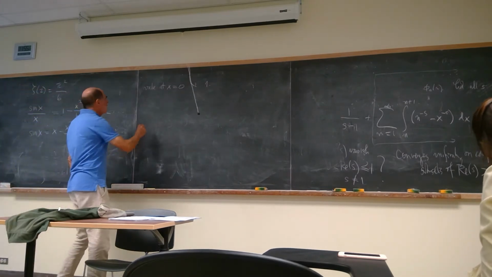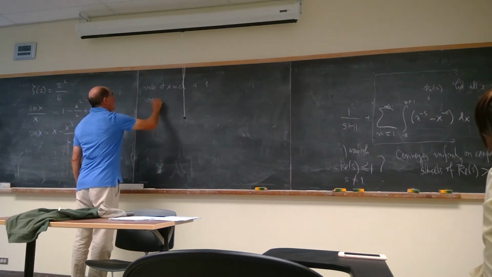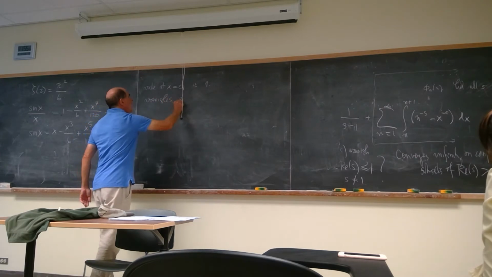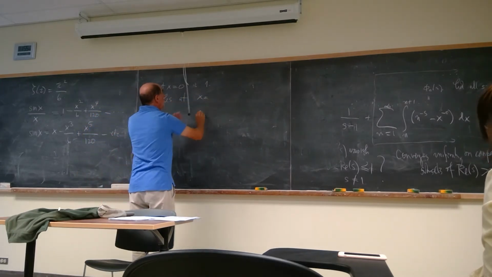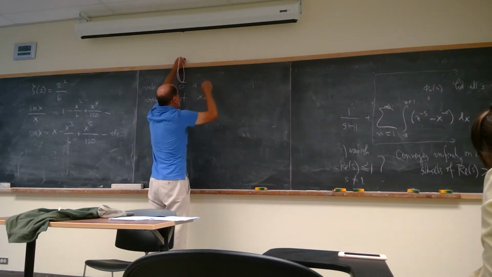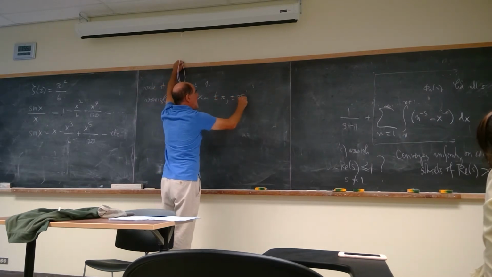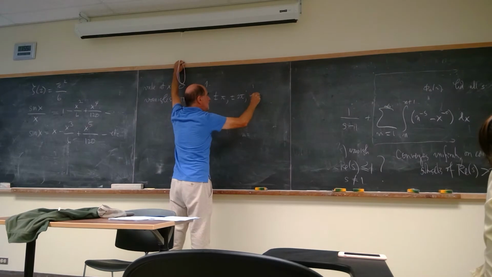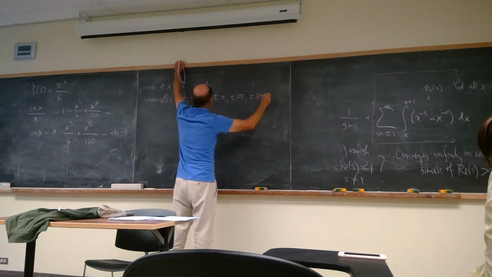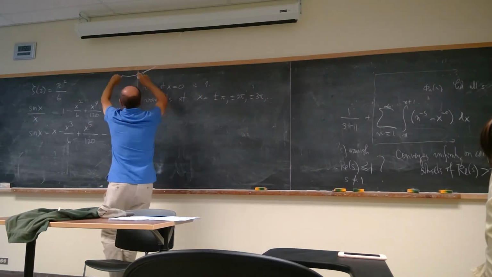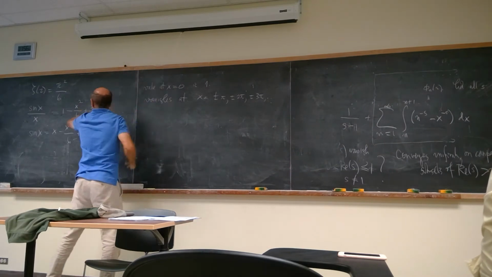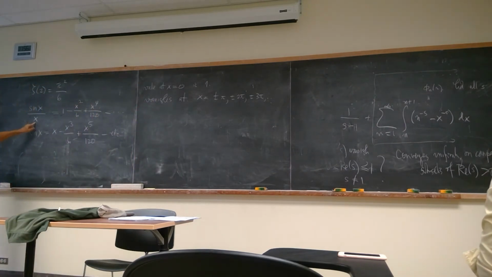And we also know that it vanishes at x equal to plus or minus pi, plus or minus 2 pi, plus or minus 3 pi, etc. You might say, well, sine x also vanishes at x equals 0, but dividing by x got rid of that 0. Okay?